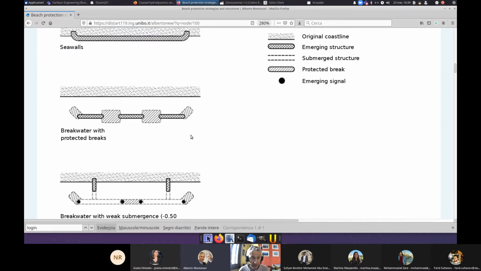And here you have an example of breakwaters with protected breaks. So the breakwater is displaced parallel to the shoreline, and in this case it's emerging, but you see that there are breaks which are protected with submerged structures.